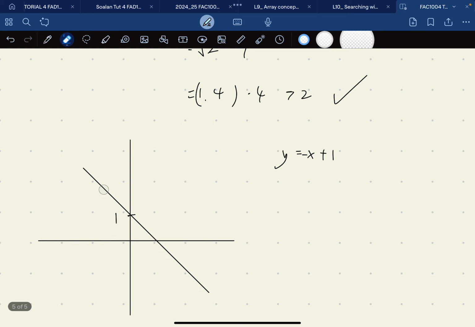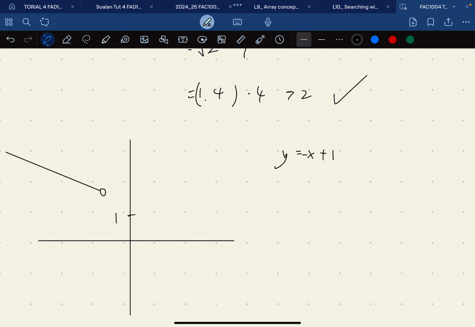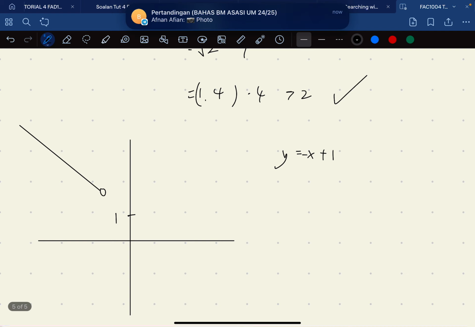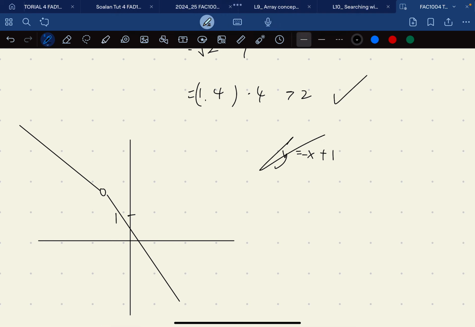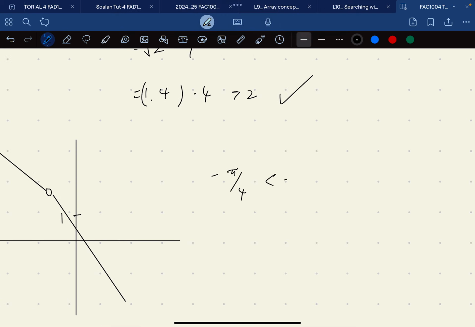And then we have something like this, for example. It's been given that the complex number must obey this inequality.